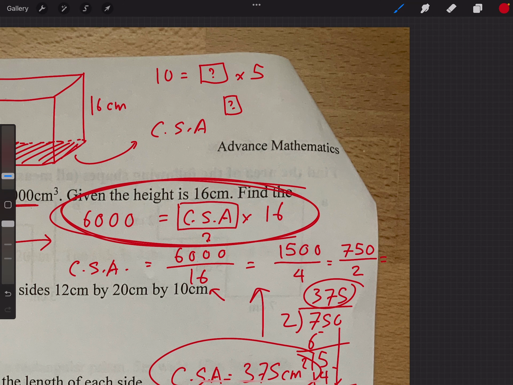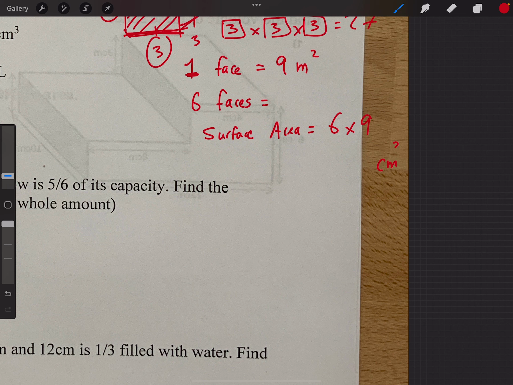How many faces does a cube have? It has 6 faces. So to find the total surface area, we've got 6 lots of 9, 6 times 9, and you get the answer. And put that in meters squared, yes, because surface area is a unit of area. Alright, next one.